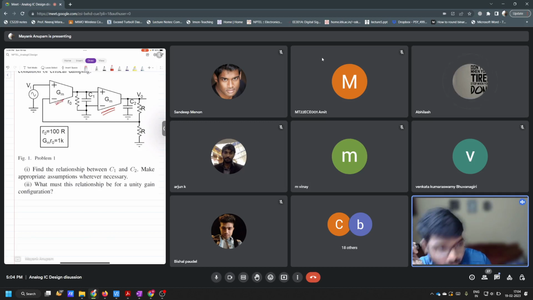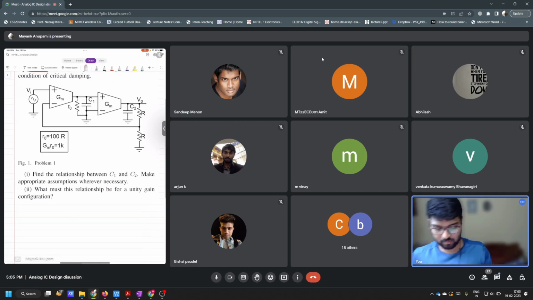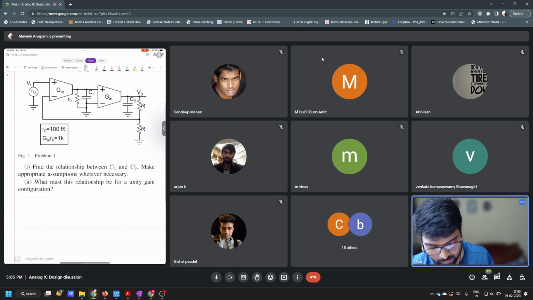Another thing to notice here is that this capacitor CC is not there. This is not a Miller compensated op amp. It is a simple op amp. Now I want to design it for critical damping. So what to do?